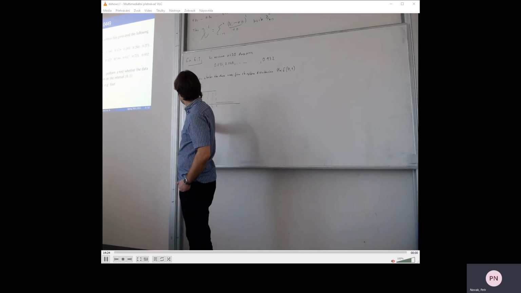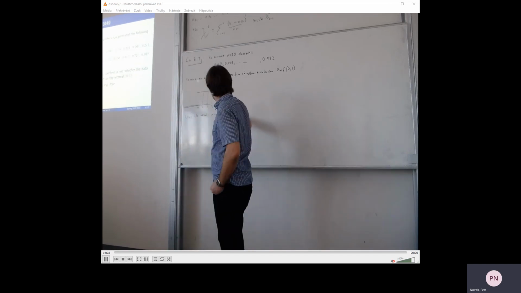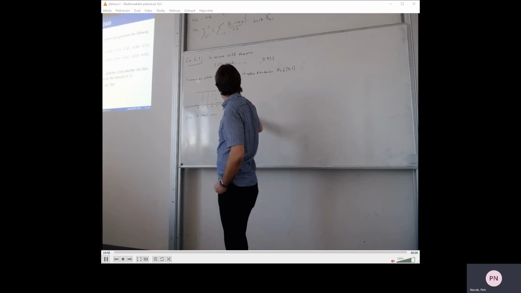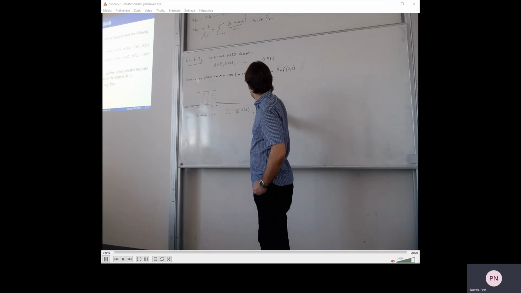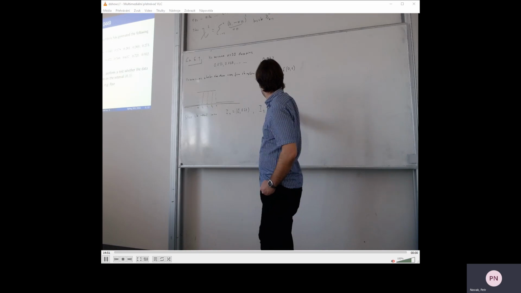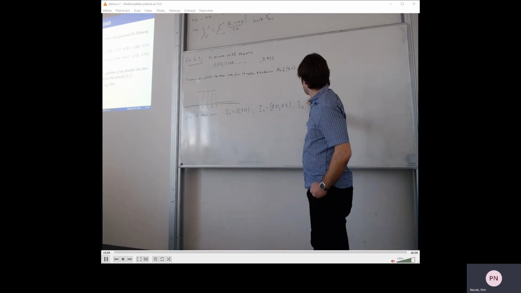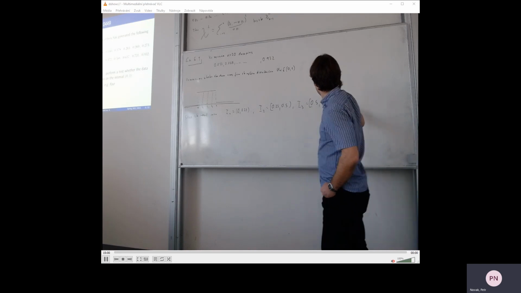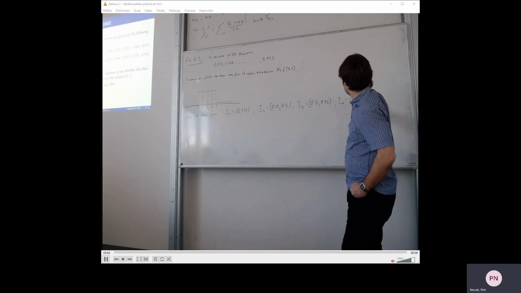So we slice the interval into I1, which is from 0 to 0.25, I2, which is from 0.25 to 0.5, I3, 0.5 up to 0.75, and I4 goes from 0.75 up to 1.